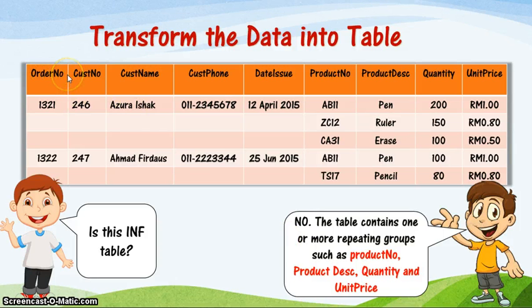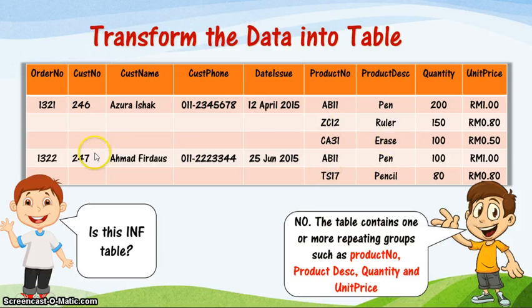From the receipt we have order number, customer number, all these things. We have two different receipts, so you can transform all the data into the proper table. The question is, once you put it like this, is this one NF? Remember, in the previous video on normalization 2, if empty cells exist, we can say that this is not 1NF yet, because the table contains one or more repeating groups, such as product number, product description, quantity, unit price for one order.